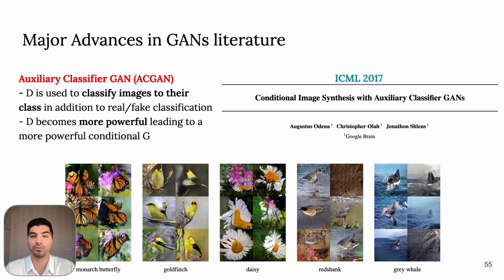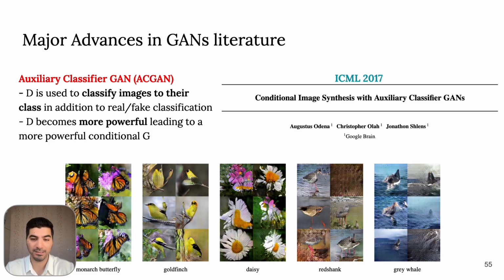In addition to real and fake classification we have in original GAN, they ask discriminator to estimate the class label of the images. For real images, we have this class label because it's a labeled dataset. And for fake images, we also have the class label because we pass it as input to the generator. So here, D has another task and it provides another supervisory signal.